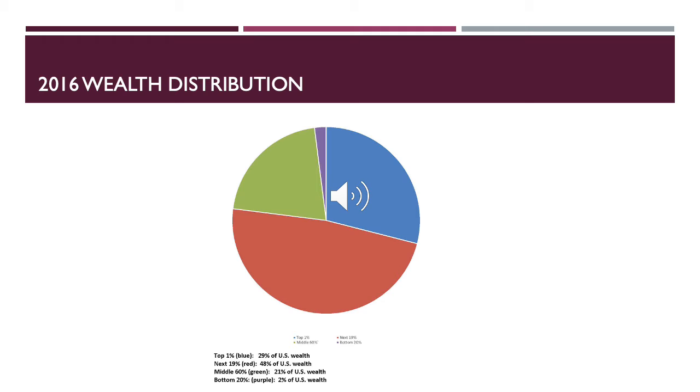So you can think about that red and blue area together representing the top quintile. And together, they own 77% of the wealth, which is still quite a lot, but slightly down from the 83% we saw in 2000.